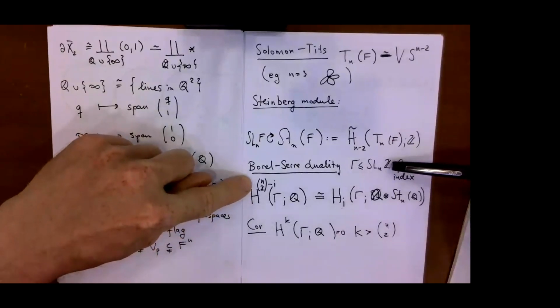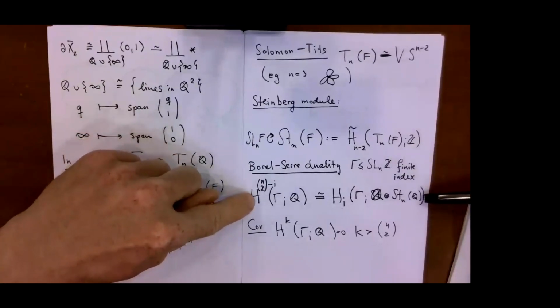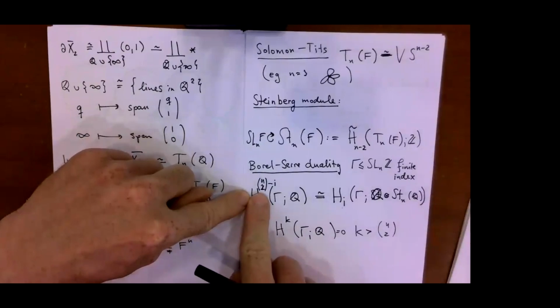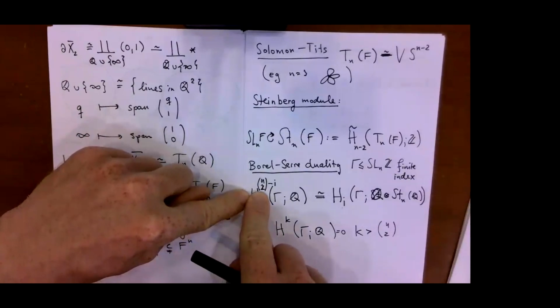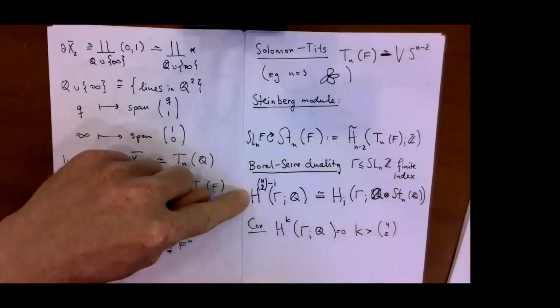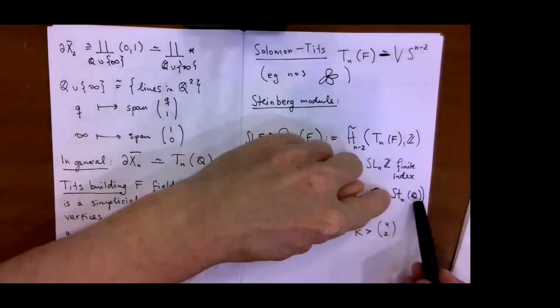If you, instead of Z, took any other number ring, so any other ring of integers in a number field, you would still get this Borel-Serre duality. Mind that the n choose 2 is going to be a different number. It depends on the dimension of the symmetric space, and you will have the Steinberg module of the number field.